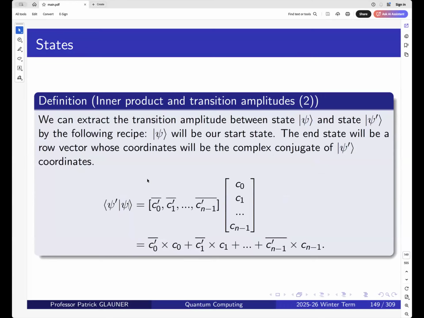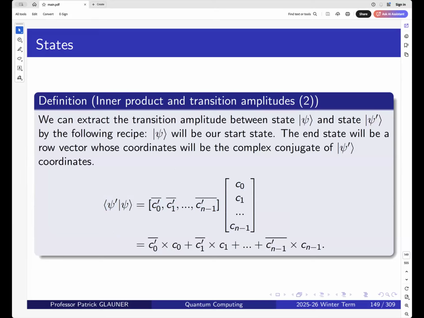We have our |ψ⟩ ket and our ⟨ψ'| bra, and we just multiply them with each other.